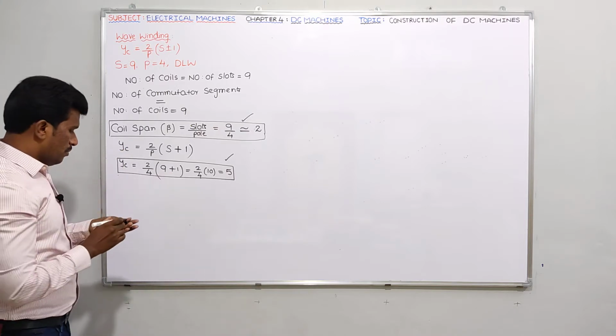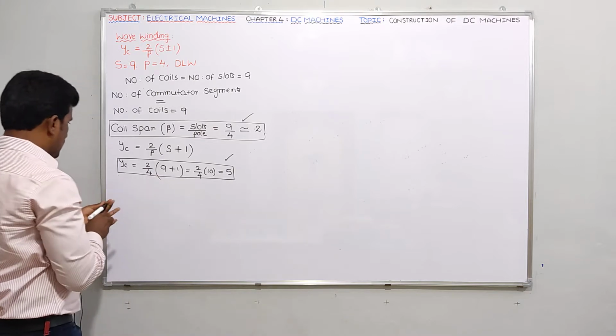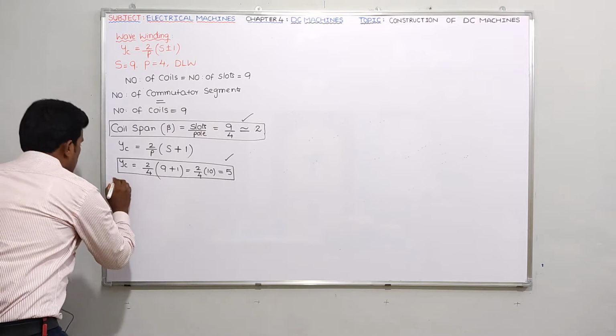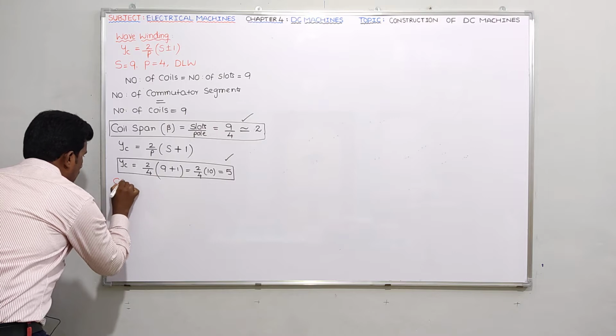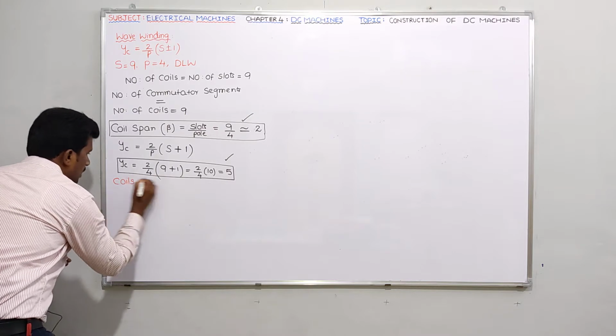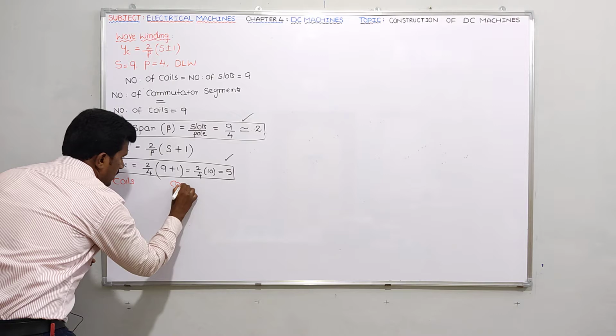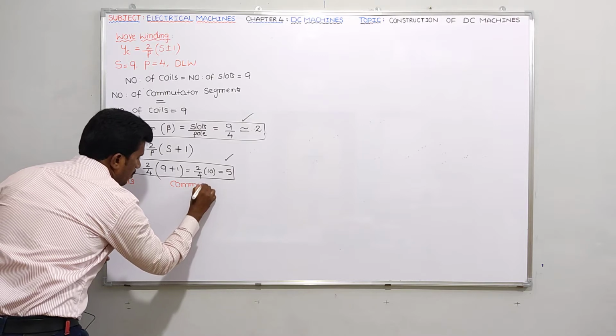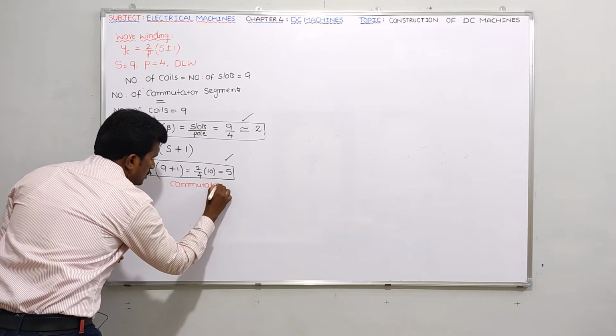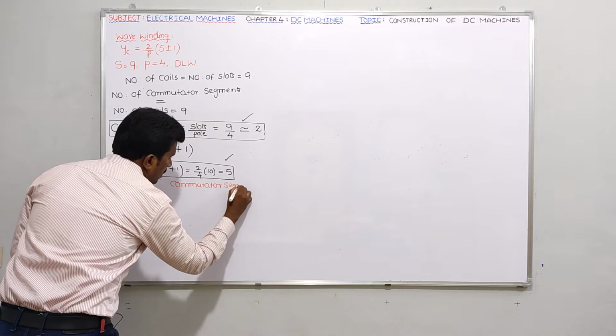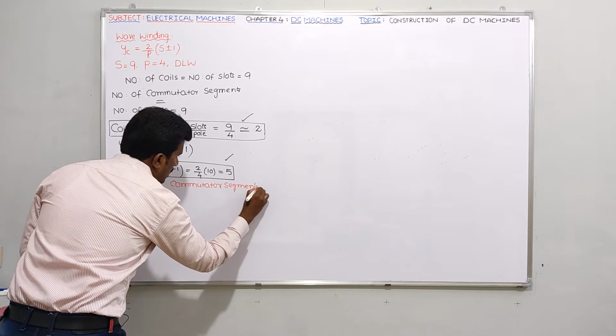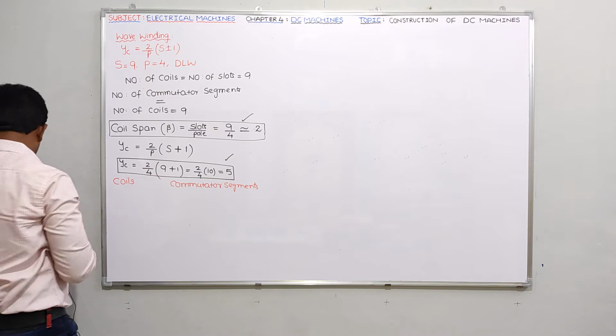By using these two things, coil span beta and commutator pitch, we are going to design wave winding. Before that, let me have one table column here. Let me take coils here and commutator segments here. Let me complete this tabular column.